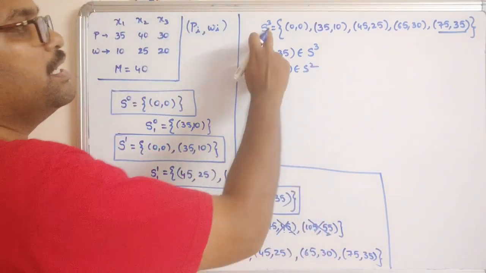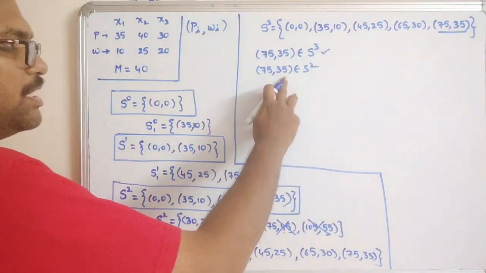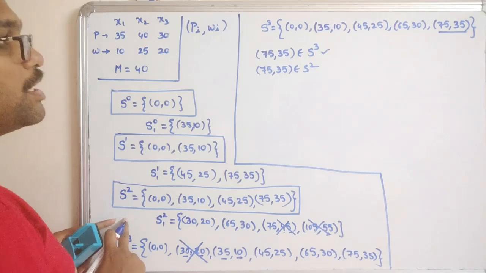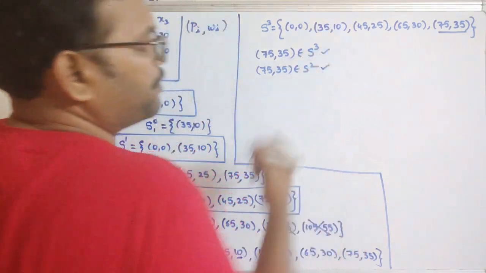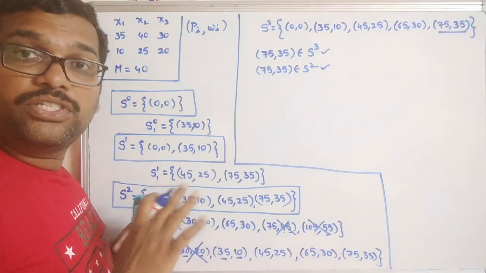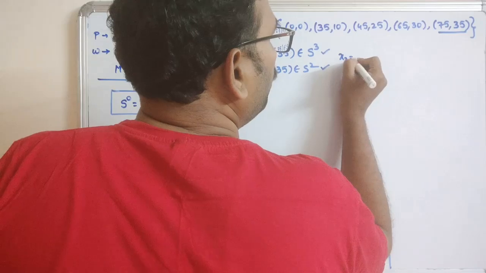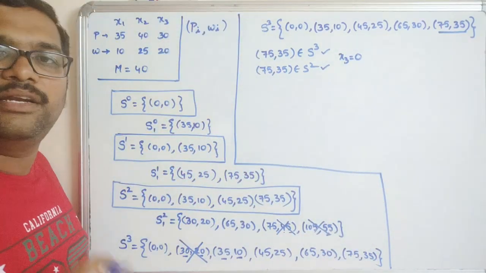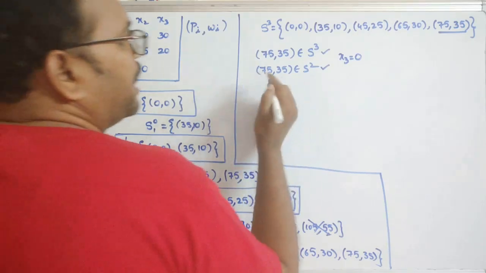So let us check. 75, 35 belongs to S3, true, and whether 75, 35 is in S2, yes, it is there, right? So there is no change, we need not change. And the third element cannot be inserted into the sack.